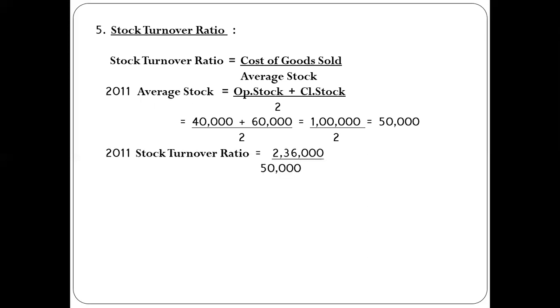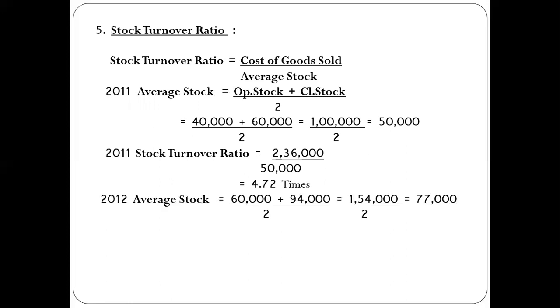In 2011, we will keep the amount in the formula of stock turnover ratio, that is 2,36,000 divided by 50,000. So the answer will be 4.72 times. In 2012, we have to find out the average stock. So closing stock of 2011 will be the opening stock of 2012, that is 60,000.